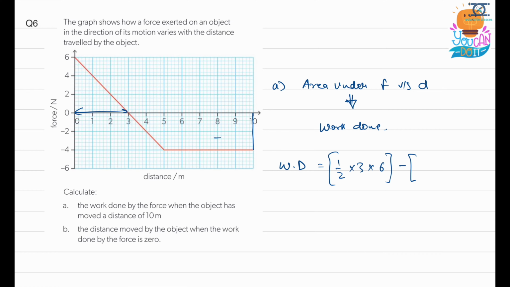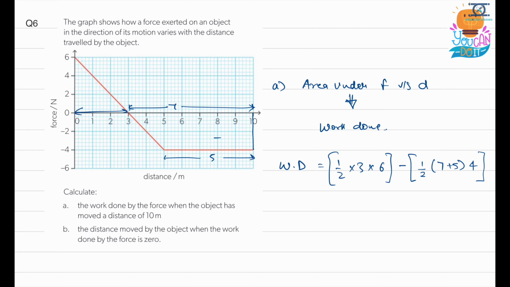This is a trapezium, and the area of a trapezium is half the sum of its parallel sides. So this will be 7 and this will be 5. So half of 7 plus 5 times the perpendicular height, which is 4.